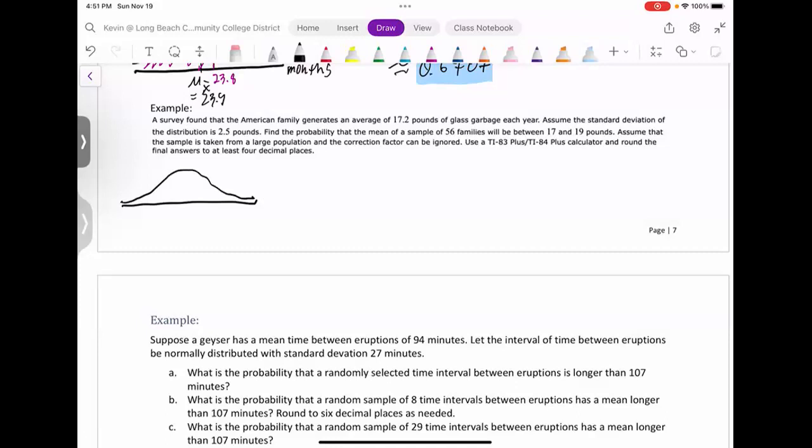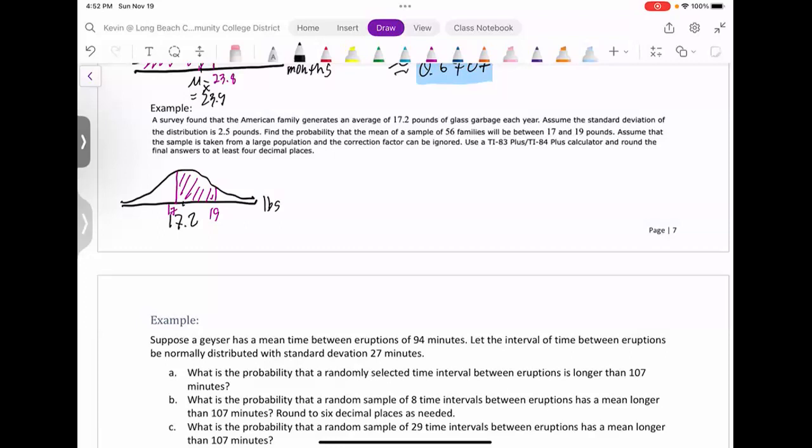And this is pounds of glass. In the middle here, we have 17.2. And they want to know between 17 and 19 with the sample.